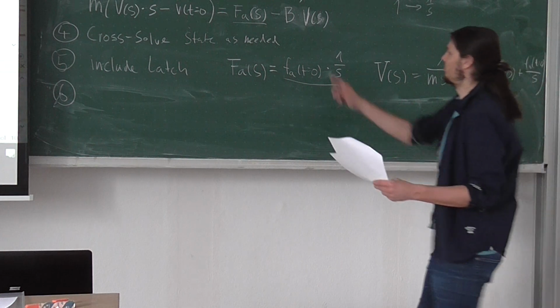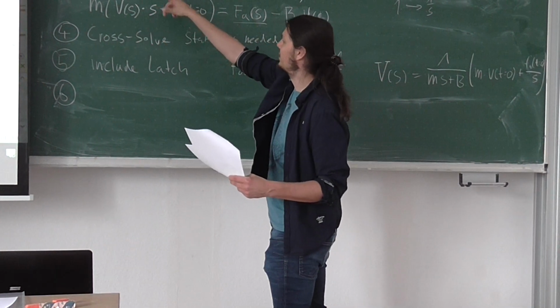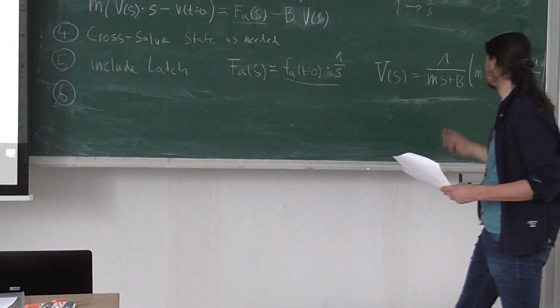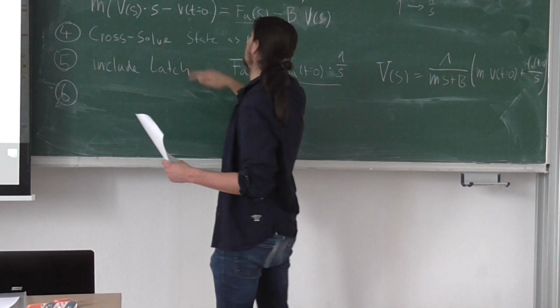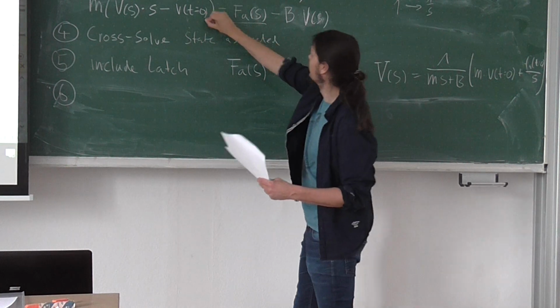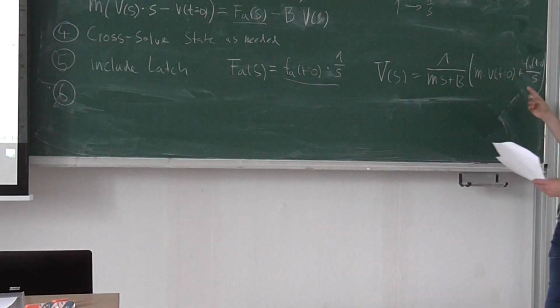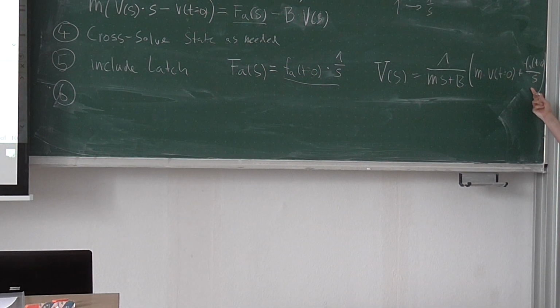Is this clear? We put this over there, and that's why it's 1 over (m s plus b). And over here we had m times v(0).